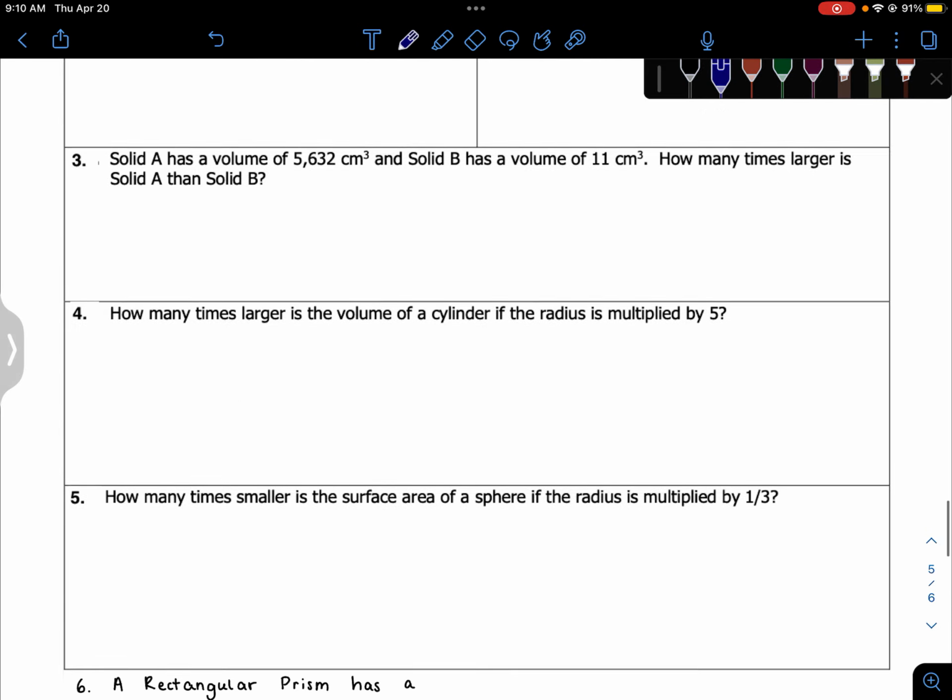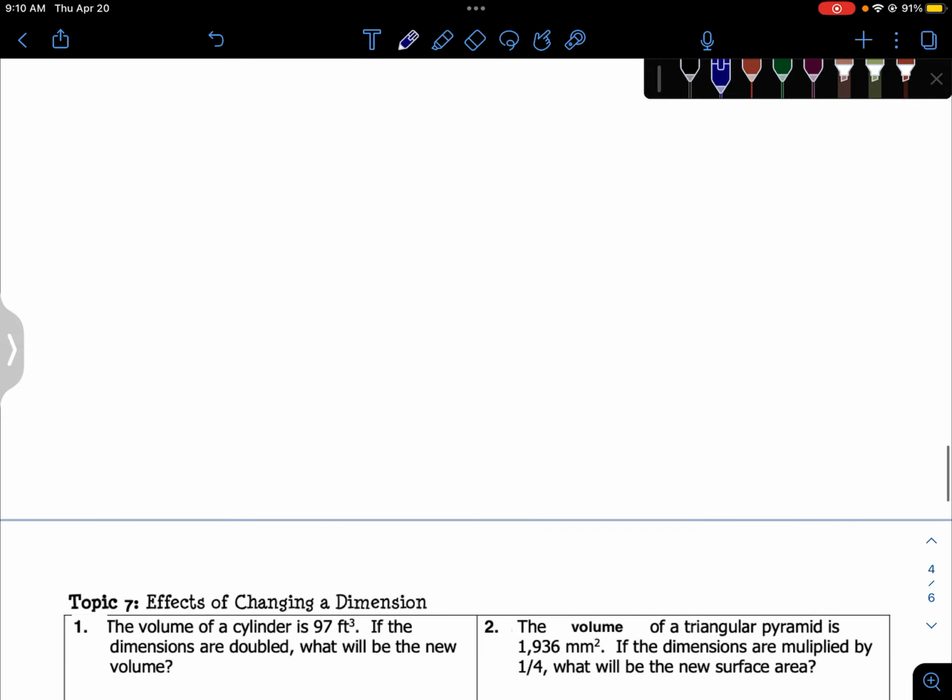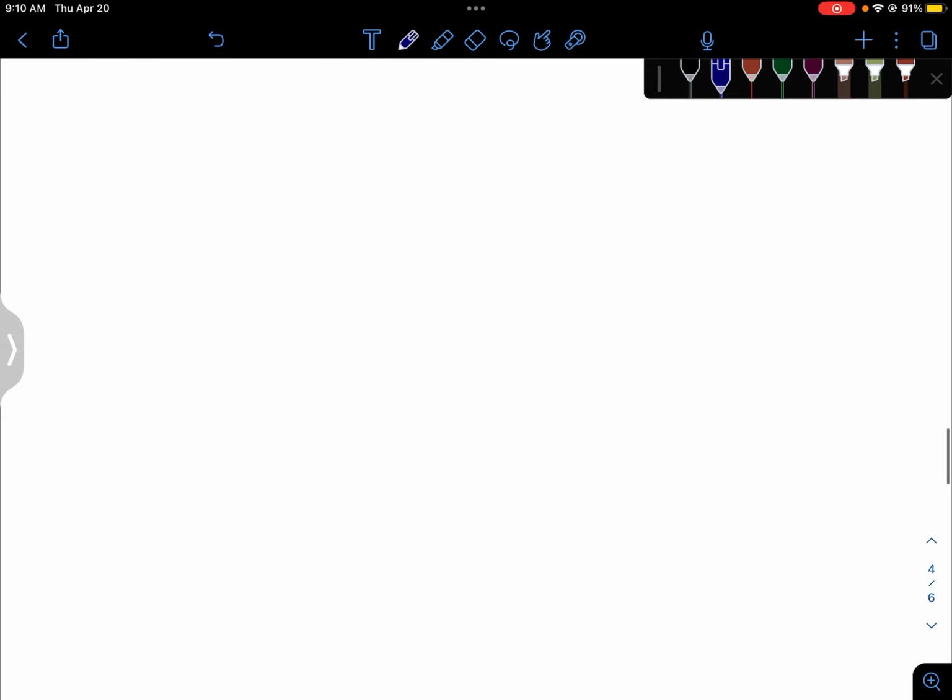So this concludes our review. If you'd like to try out these problems, you may. And your test is definitely going to be about 10 questions.